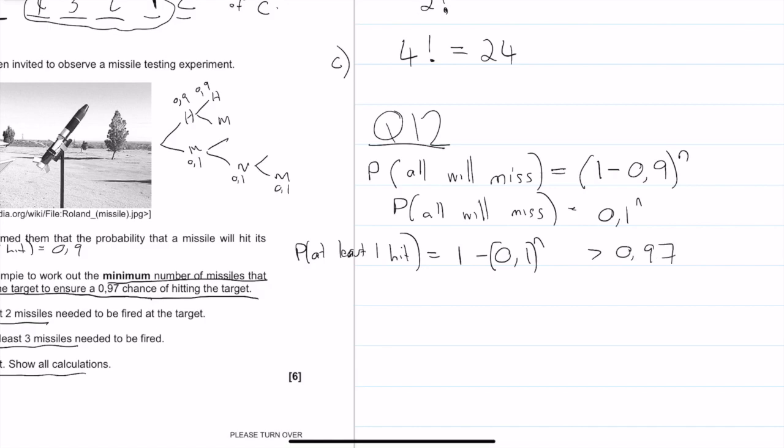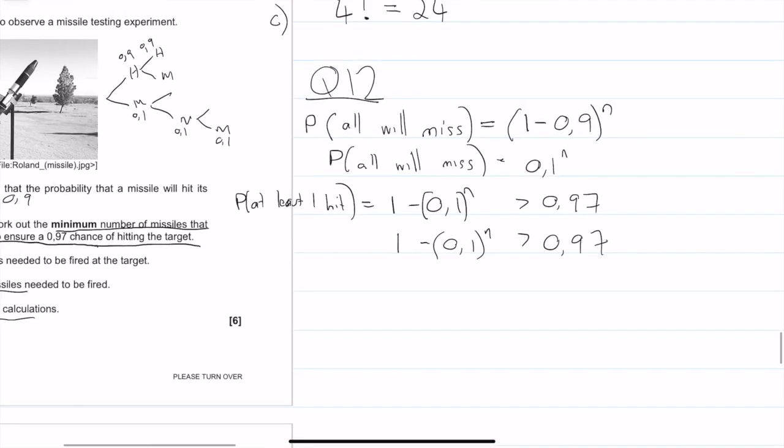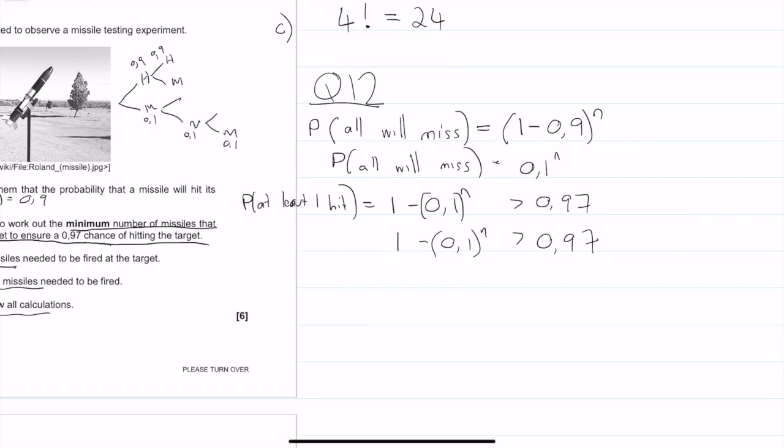So 1 minus 0.1 to the power of n must be greater than 0.97. At this point I suggest that you take the analytical approach, because you have one unknown, which is just n, so we can actually solve this equation.